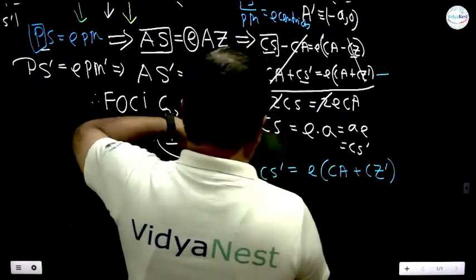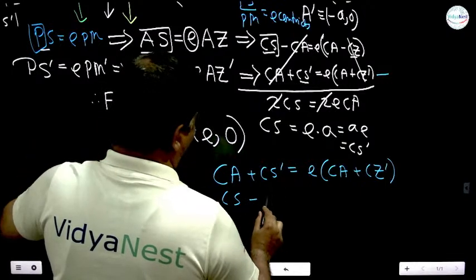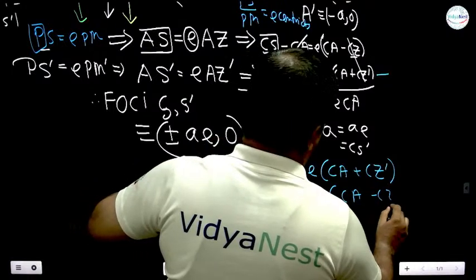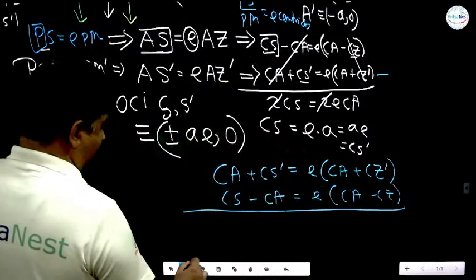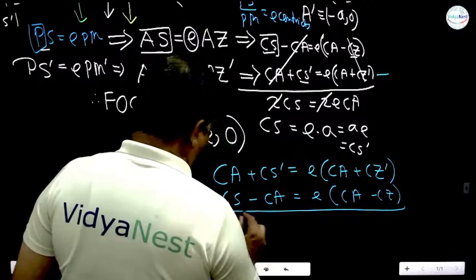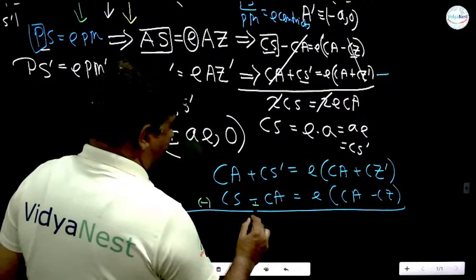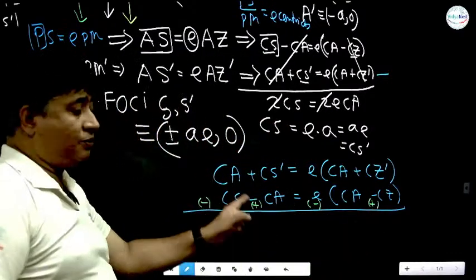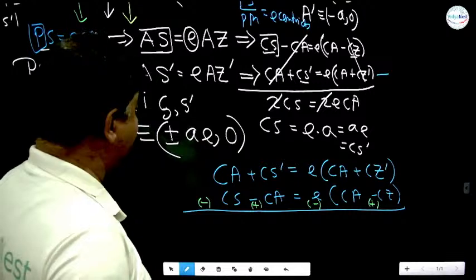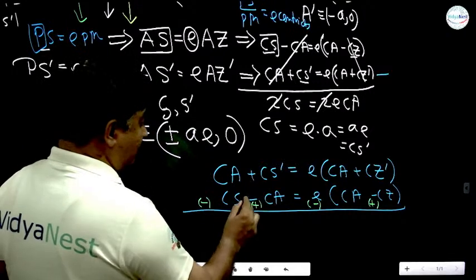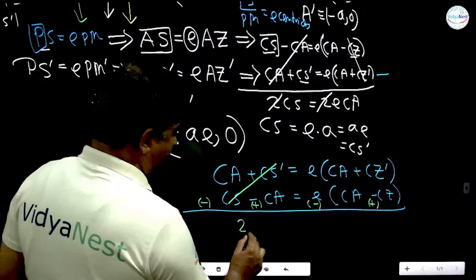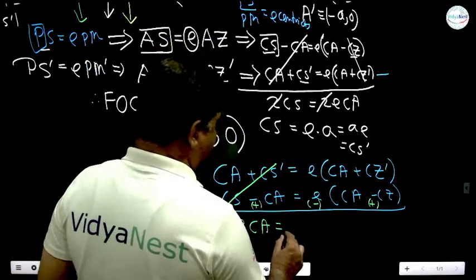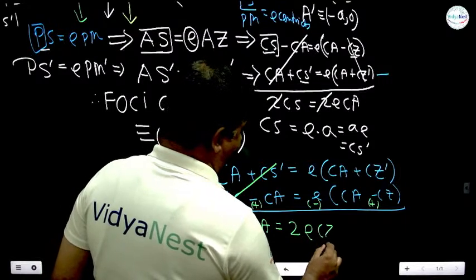Now I am choosing this equation: CS minus CA is equal to E into CA minus CZ. Now we will subtract. By subtraction, what will we get? Twice CA, CS and CS dash will get cancelled. And twice ECZ.